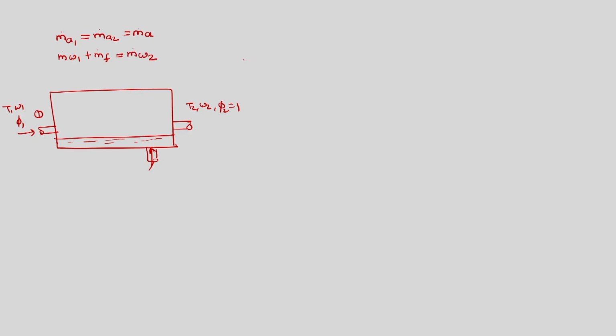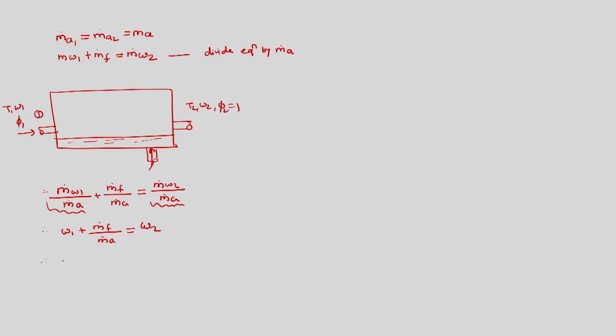m dot A omega 2. So let us divide this equation by m dot A. We will have m dot A omega 1 divided by m dot A plus m dot F divided by m dot A is equal to m dot A omega 2 divided by m dot A. We know this is the specific humidity at entrance, this is the specific humidity at exit, and m dot F divided by m dot A is equal to omega 2 minus omega 1.